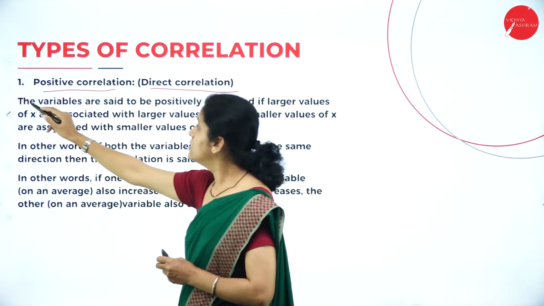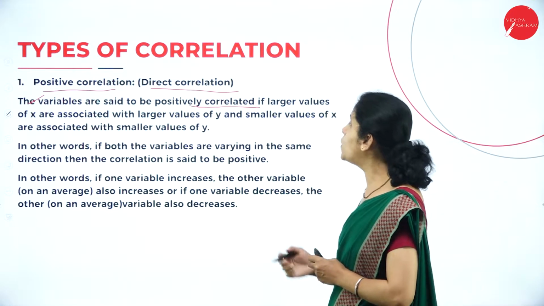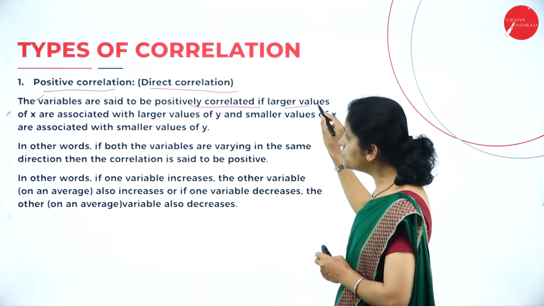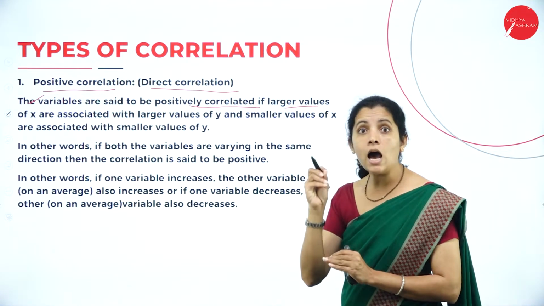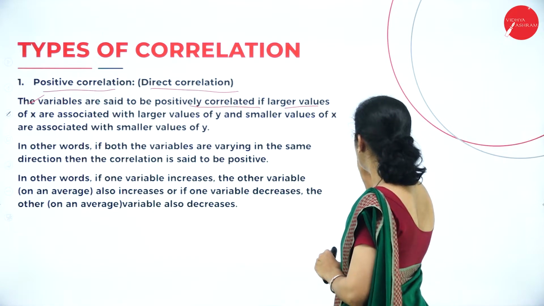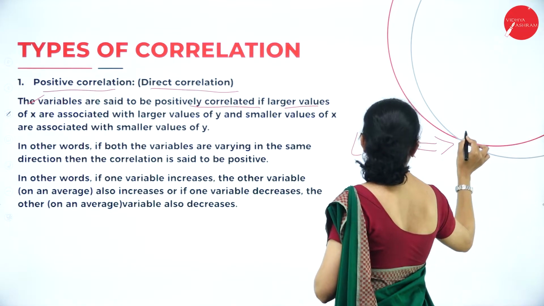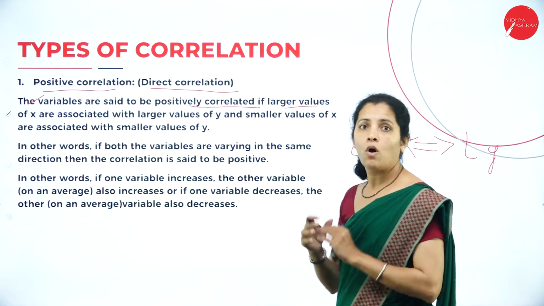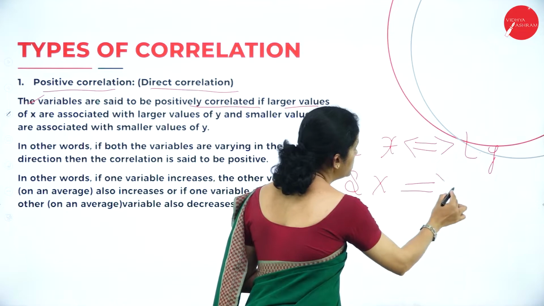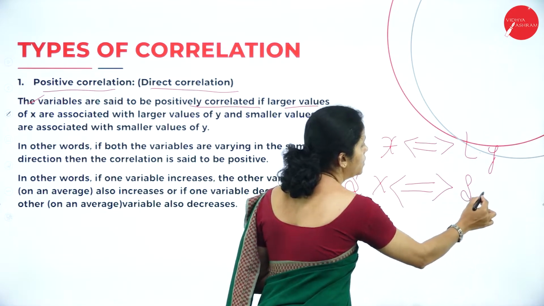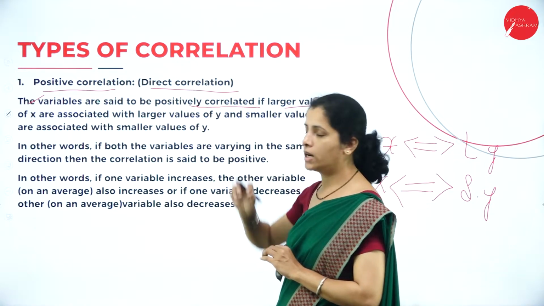So here, the variables are said to be positively correlated if large values of x are associated with large values of y, or small values of x are associated with small values of y, and this is known as positive correlation.